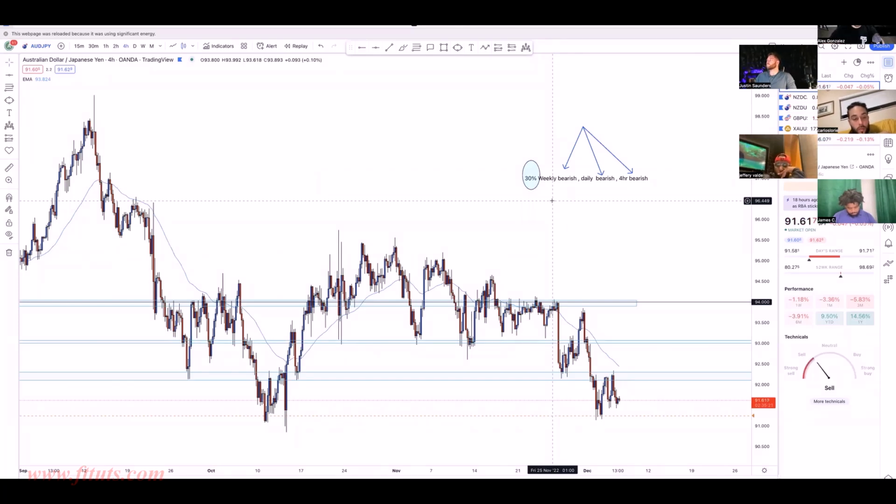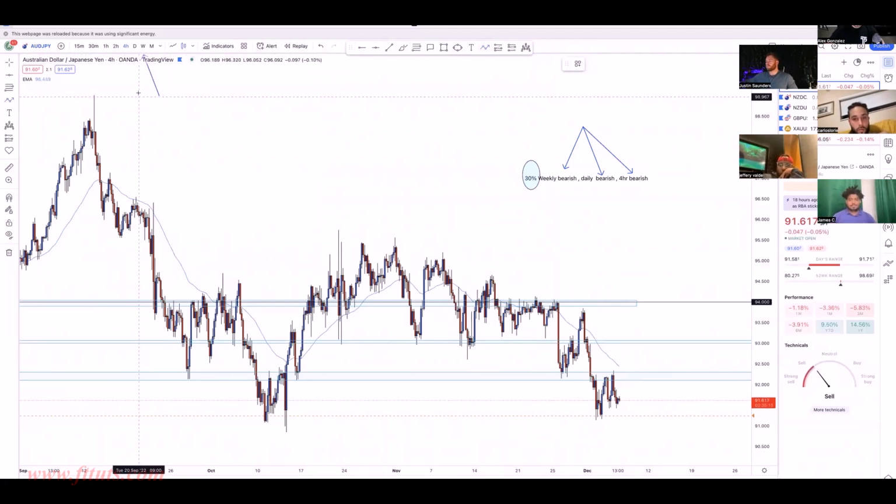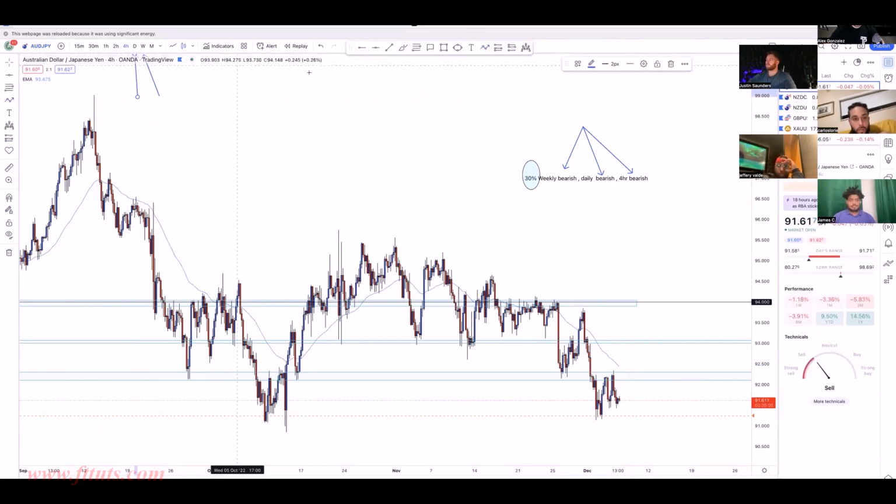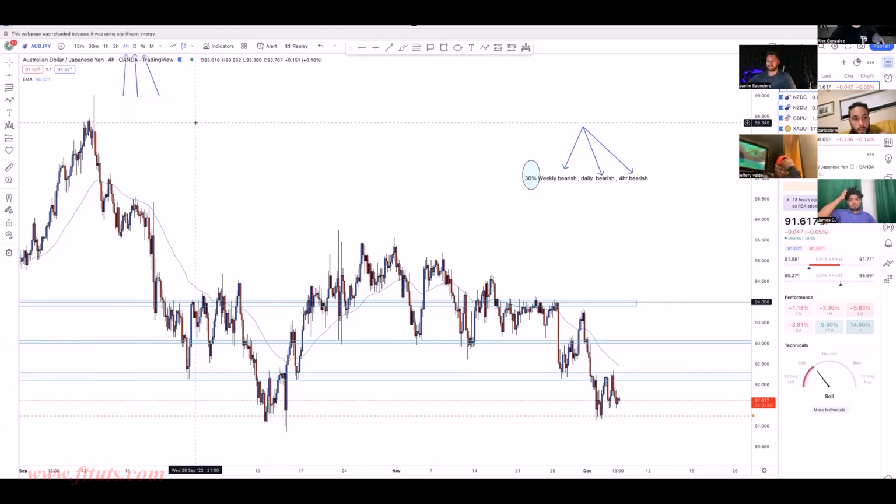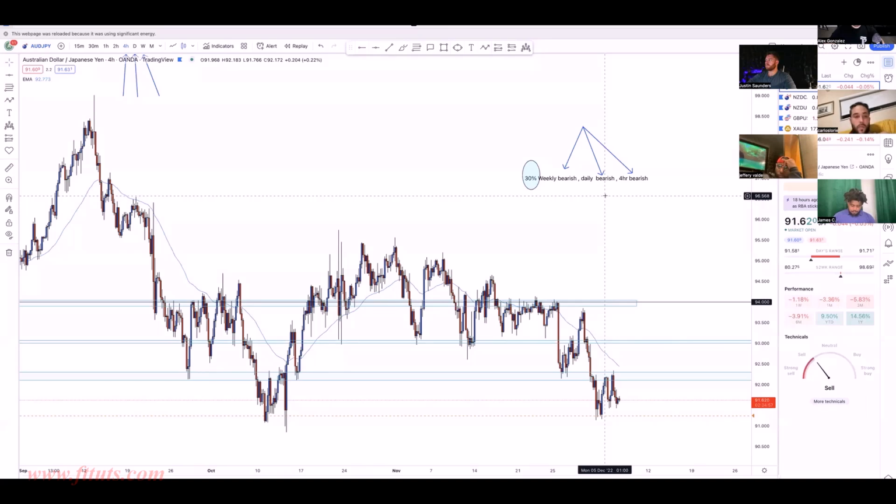This is very important: I only use the weekly time frame, the daily time frame, and the 4-hour time frame to understand where the market is. Are we bullish? Are we bearish? What is going on? These 3 time frames are to understand bullish and bearish. Every other time frame from this point on is simply for entry signal or entry structure purposes.